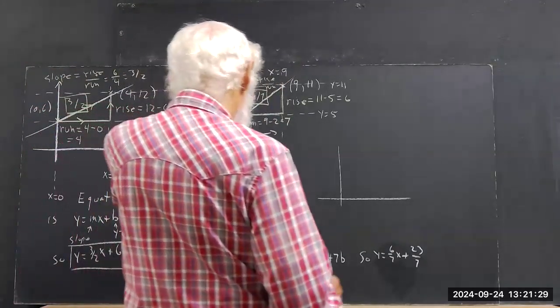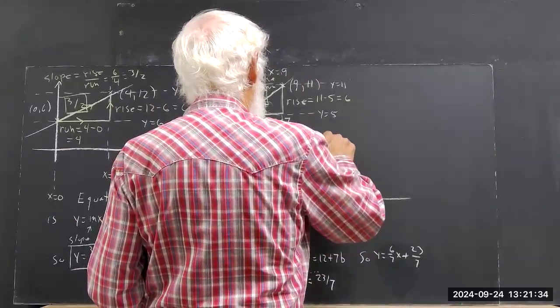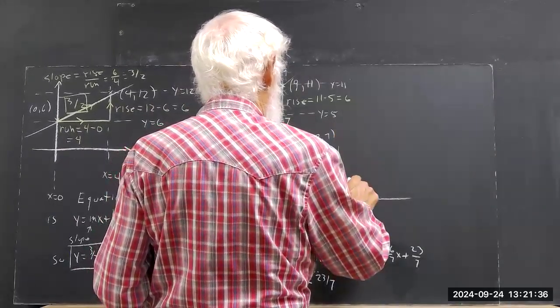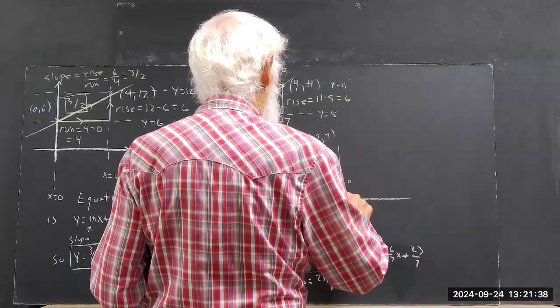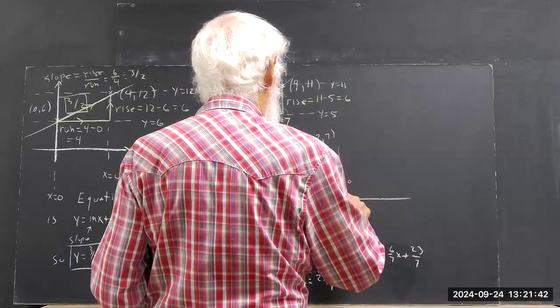Let this point be (-2, 7). This point be (1, 3).